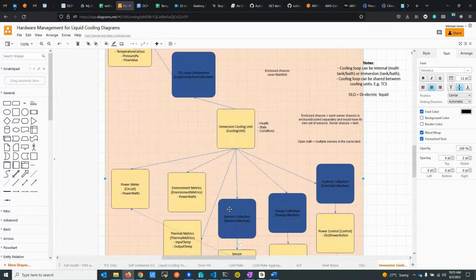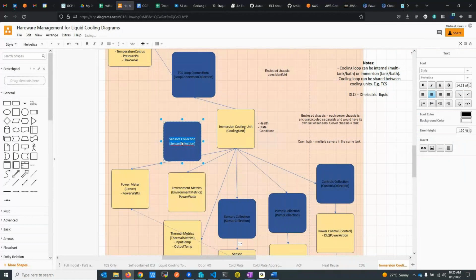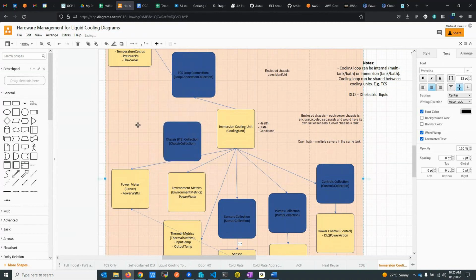So in that scenario, you would have a bunch of chassis. That is the equipment being cooled. All right, so that one there is for open bath.